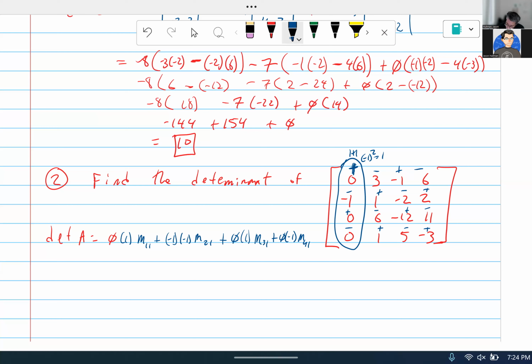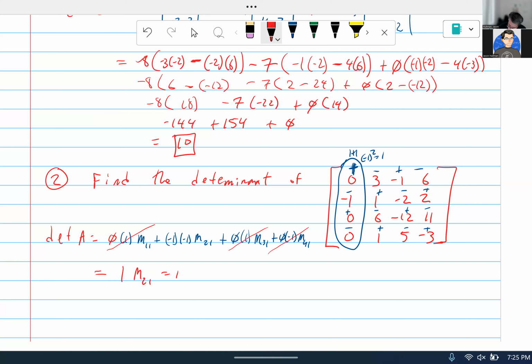Okay, and again, all 3 of these, 1, 2, 3, they're going to go to 0. Okay, so we're really just left with, this is equal to negative 1 times 1, which is 1, times the minor of 2, 1. Okay? So 1 times 2, 1 is just 2, 1.